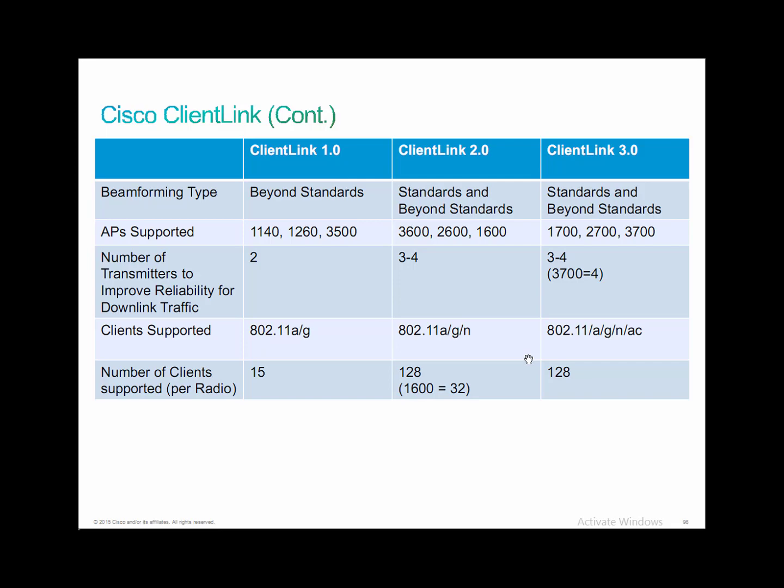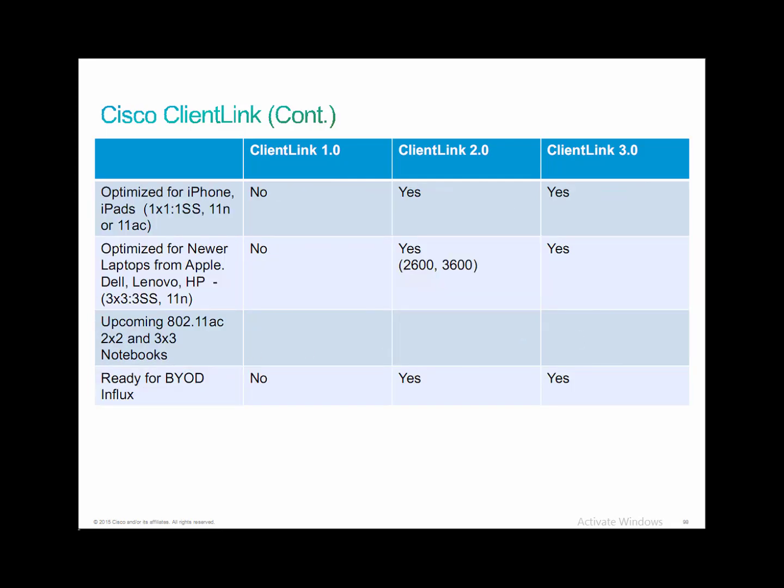All right, so we see the number of transmitters to improve reliability, in the case of the 3700 is 4. Clients supported, all of them, the number of clients supported per radio, and so on. There's another chart here that's kind of an extension of that as well, with some of the features that are covered and some that are not.